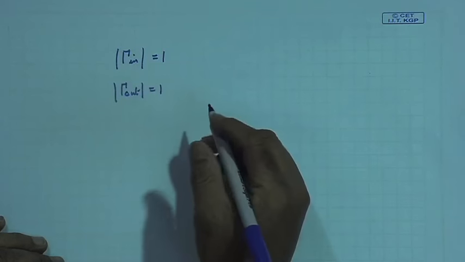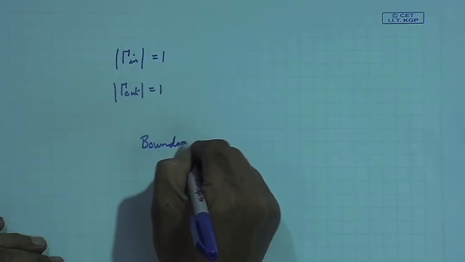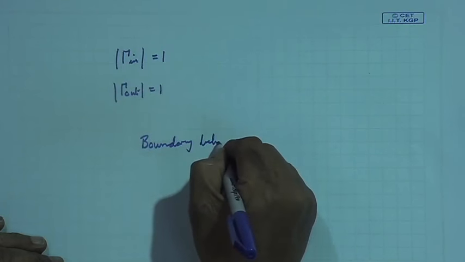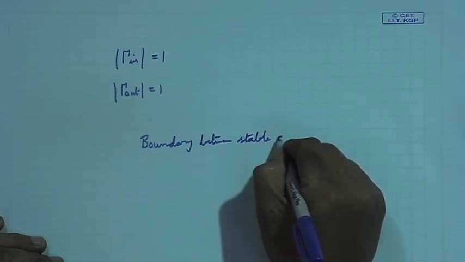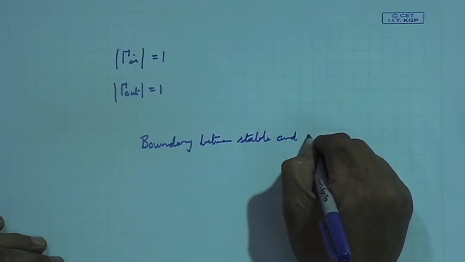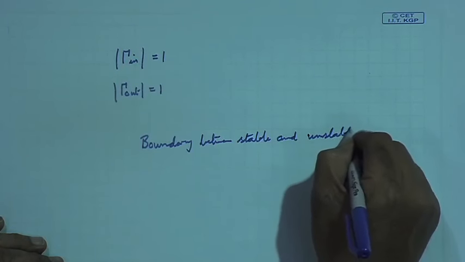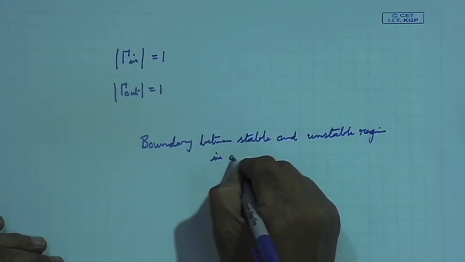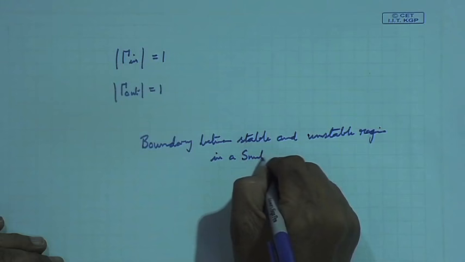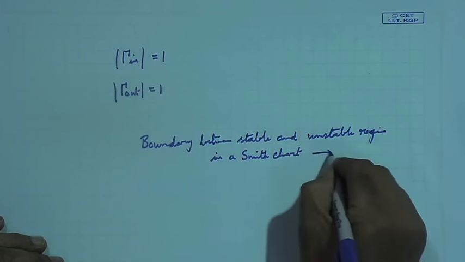So, this boundary between the stable and unstable region in a Smith chart is given a name.